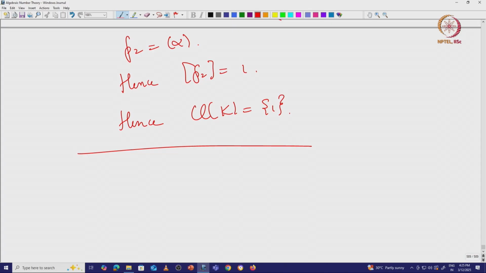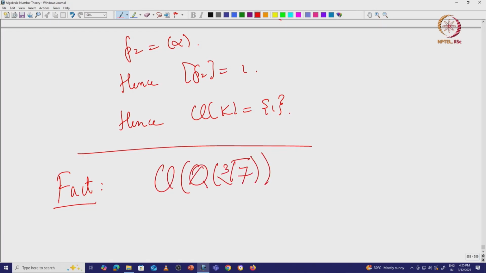purely cubic fields with trivial ideal class groups, and the reason I am not going to compute for you an example of a purely cubic field with higher class number, and so I am just going to state the fact that if you take cube root of 7, then this is isomorphic to Z mod 3Z. And the reason I am not going to do this for you is kind of simple.